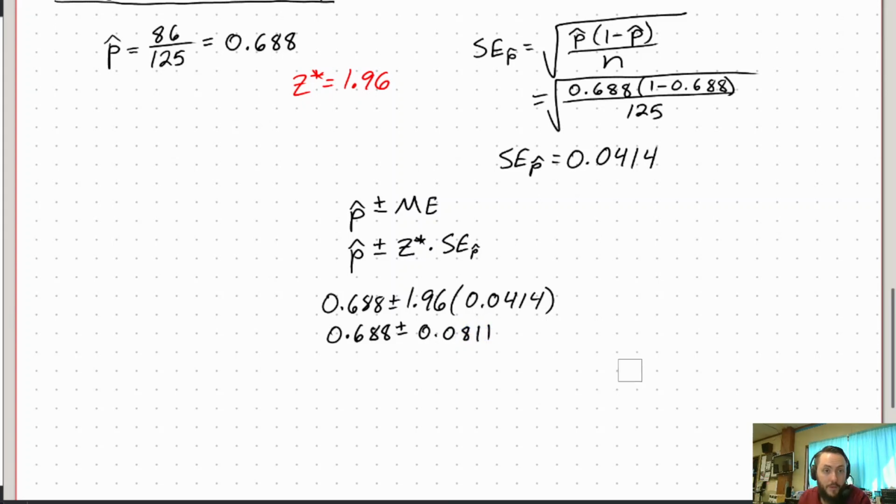Now let's see how this breaks down. What does our confidence interval become? So we do the subtraction, we do the addition. 0.688 minus 0.0811.